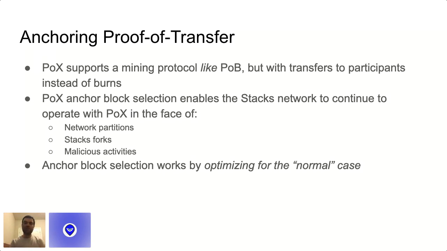And so if many miners are trying to fork the blockchain and fork away from the proof of transfer anchor block, they might burn during a block in which a stacks holder or stacking participant would have been receiving a reward. So if all of the miners decide to burn instead of build off the anchor block, then yes, some people would be losing out on rewards.